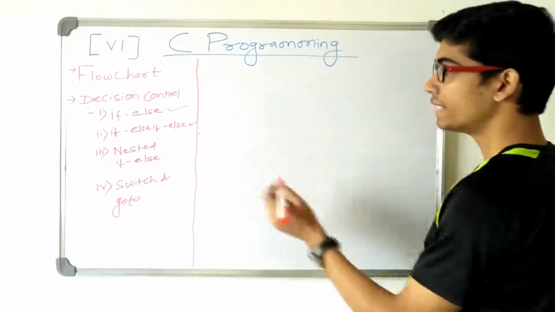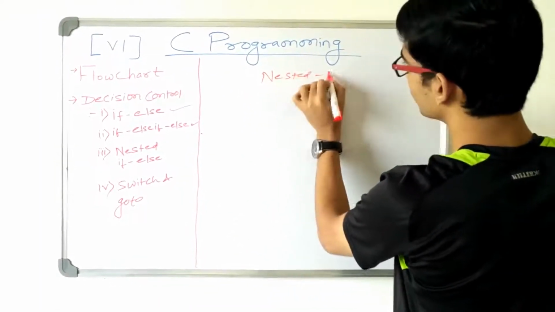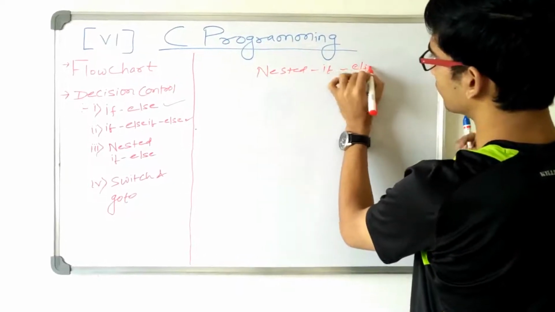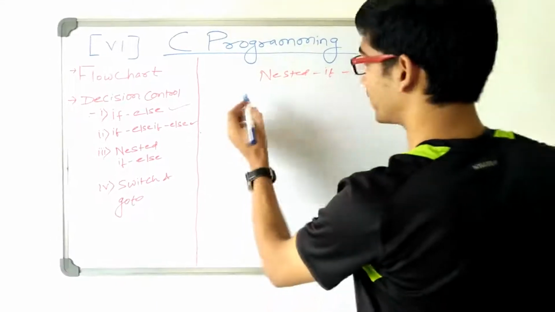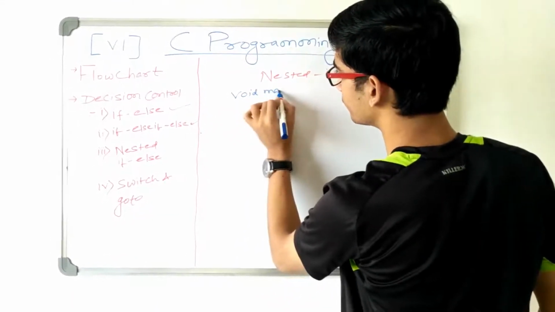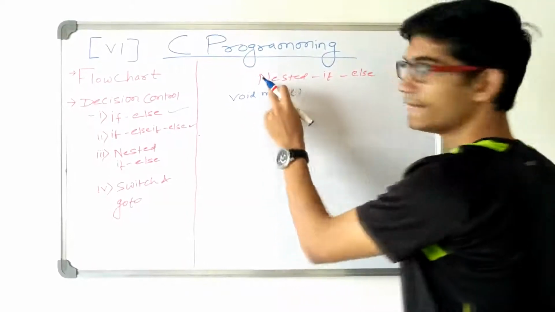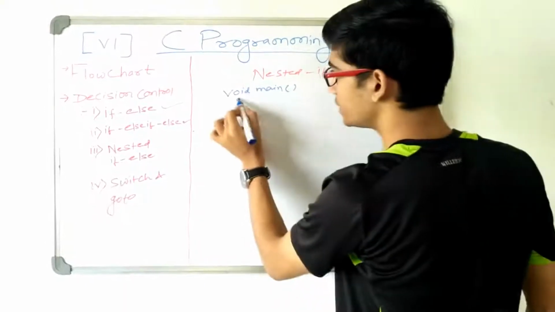Now let us switch to nested if-else. Okay, so let me write a program. What nested if-else basically means is an if-else statement under an if-else statement. See how it is done.